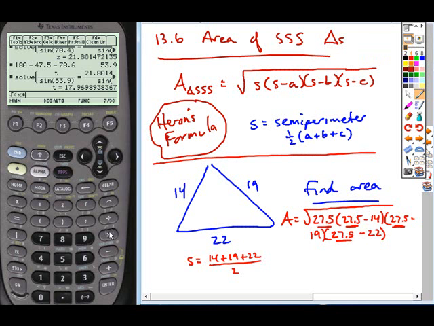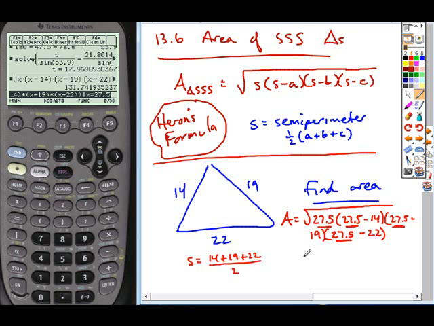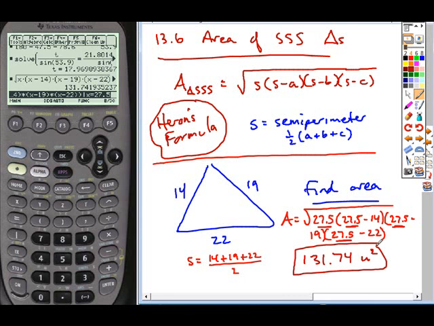So I'm going to say x times the quantity x minus 14 times the quantity x minus 19 times the quantity x minus 22, and close off my entire expression. Then to let x represent 27.5, I use the with key, x equals, and type in 27.5. When I do, I get my answer, 131.74 square units.